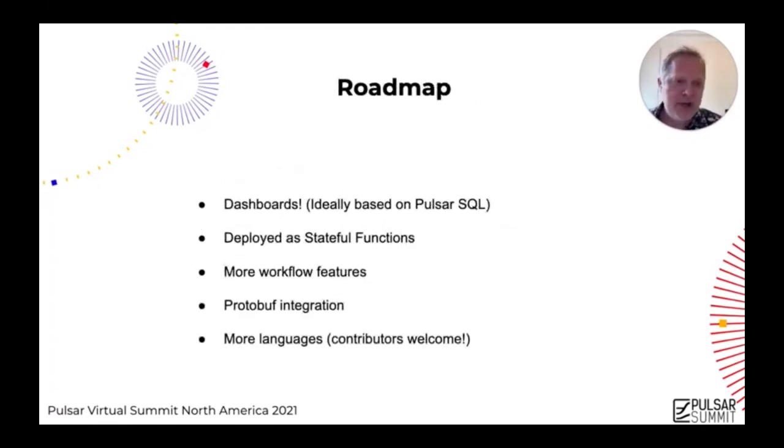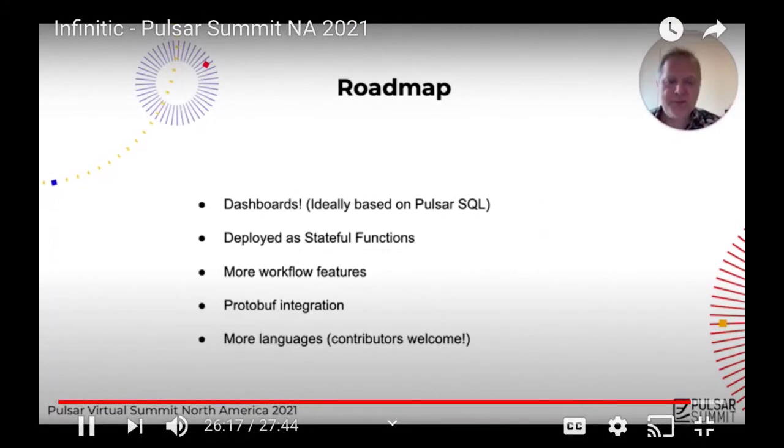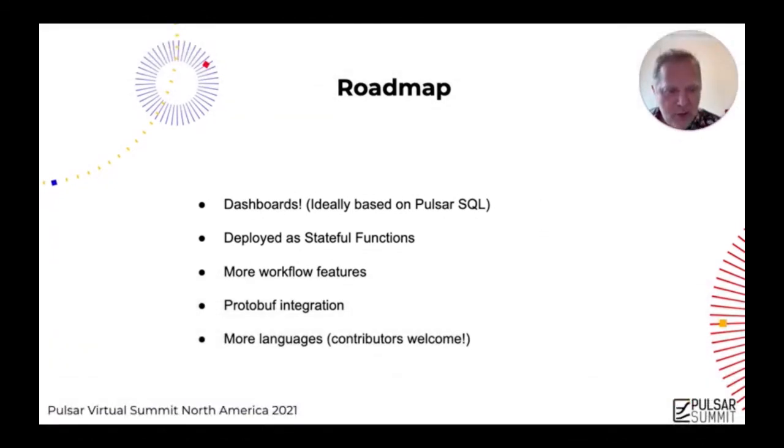On the roadmap, the main feature I would like to add currently is dashboards. Of course, it's based on Pulsar, so you still have all the tooling of Pulsar. You can look at the topics, see the messages and see what's happening under the hood. But ideally, I would like to add dashboards to be able to see, for example, for one instance of a workflow, precisely all the steps and all the details of the execution.